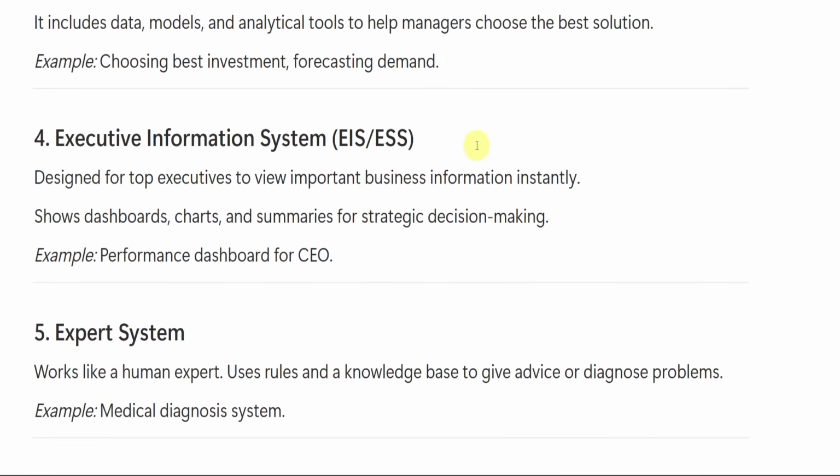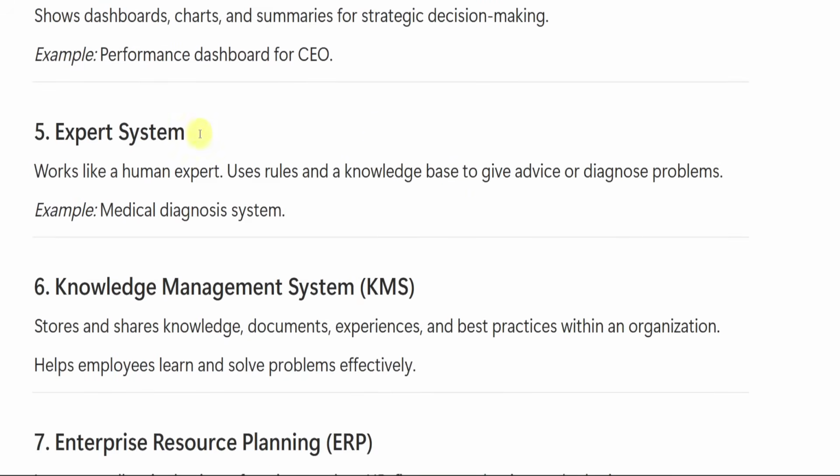Executive information system, it is used by top level executives like the CEO or managing director. It will give us the summary information in a very simple way like graphs, charts, dashboards. Example की अगर बात करें तो CEO है, वो क्या चेक करता नॉर्मली, कंपनी प्रॉफिट्स, मंथली सेल्स, मार्केट ट्रेंड्स वगैरह चेक करता. So it helps in strategic decisions, we can say.